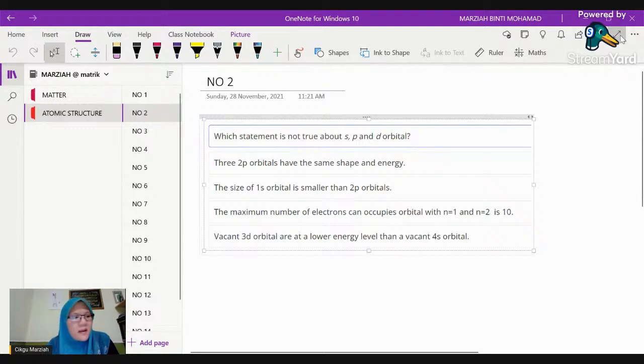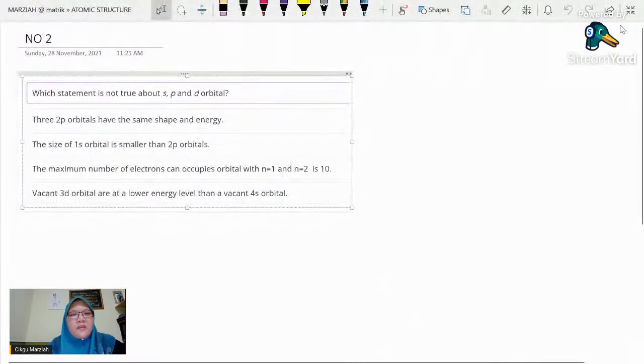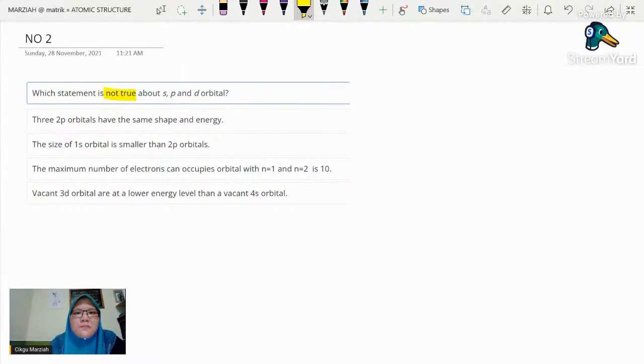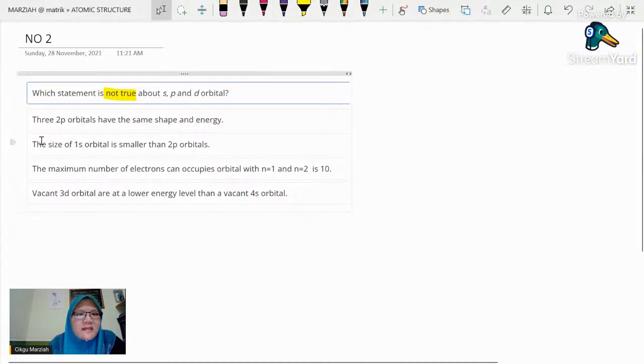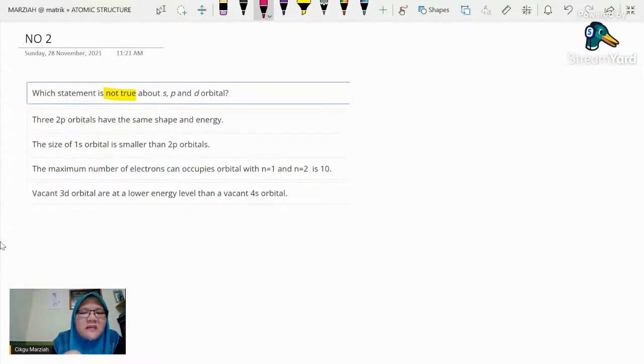Okay, kita tengok soalan number 2. Which statement is not true about s, p, and d orbital? Kita tengok the first statement. 2p orbital and 3p orbital have the same shape and energy.